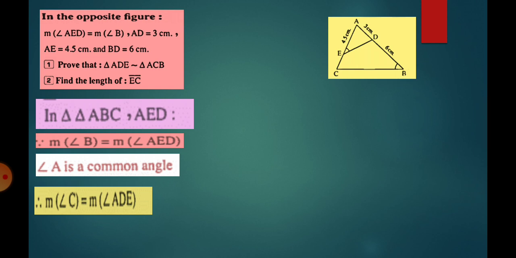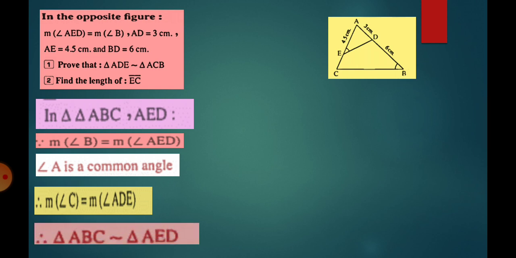In any two triangles, if two angles in the first equal two angles in the second, then the third angle equals the third angle. Here we find three angles in the first triangle equal the corresponding angles of the second triangle. Then we can write triangle ABC is similar to triangle AED.